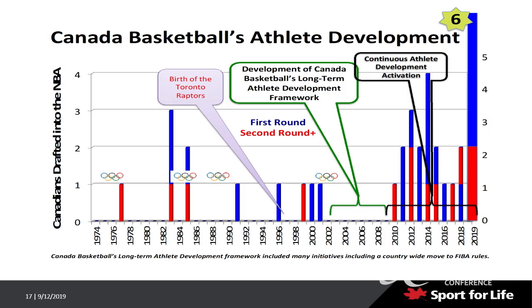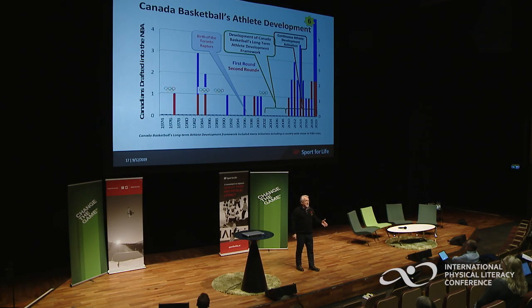And you can see that between 1974, when the draft started, and 2009, I think it was 13 got drafted into the NBA. We started working with them in the early 2000s, and they did a tremendous job of reorganizing their system. They worked very hard, made tough decisions, and then it started to pay off 8 years later.